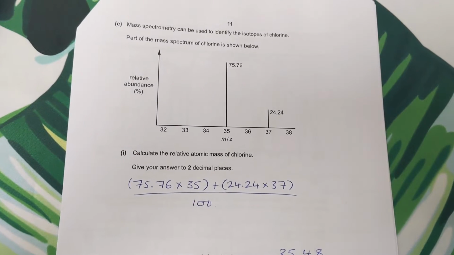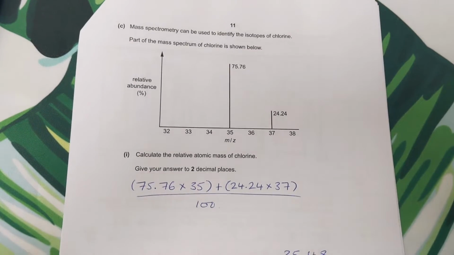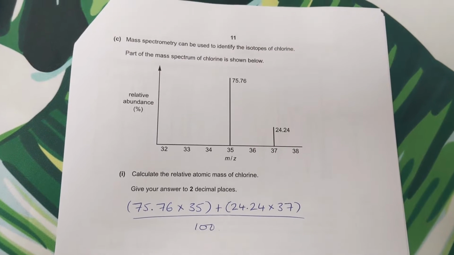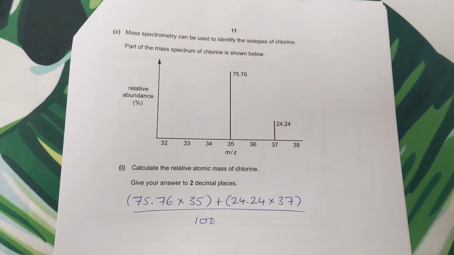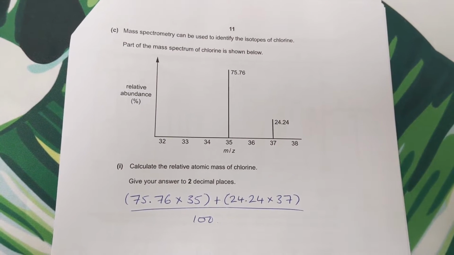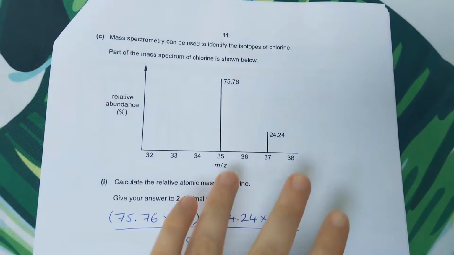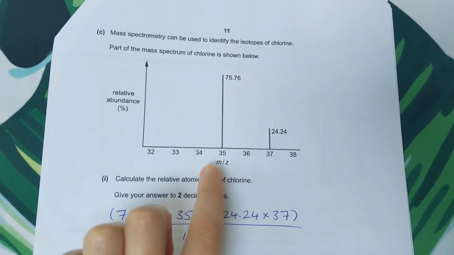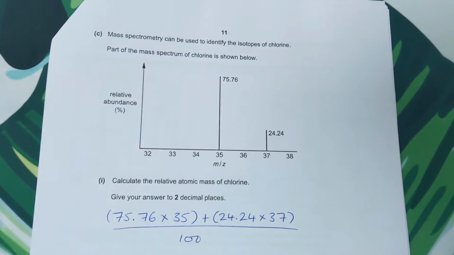This question is about mass spectrometry and relative abundance, and we have a mass spectrum of two different isotopes of chlorine, and we have a relative abundance, so a percentage, and a mass number or mass to charge ratio of both.